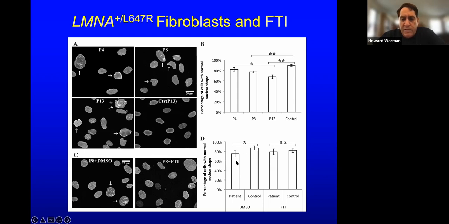This patient is heterozygous. This is the opposite way, the percentage with normal nuclear morphology. And you see with FTI treatment, the number with normal nuclear morphology was similar in patient as control, as compared with no treatment. There were fewer with normal nuclear morphology.